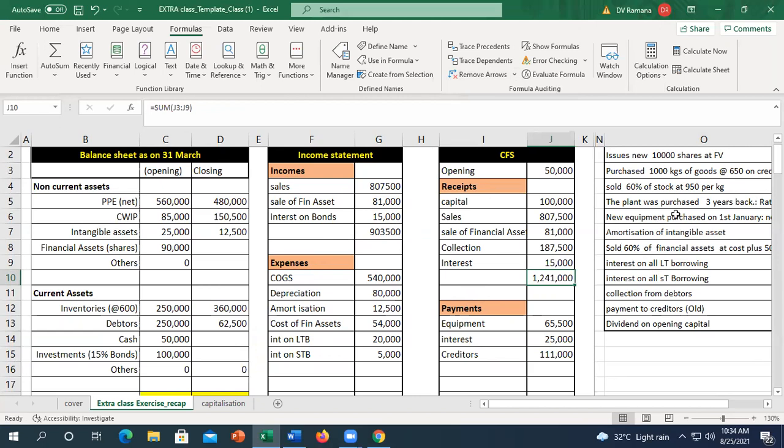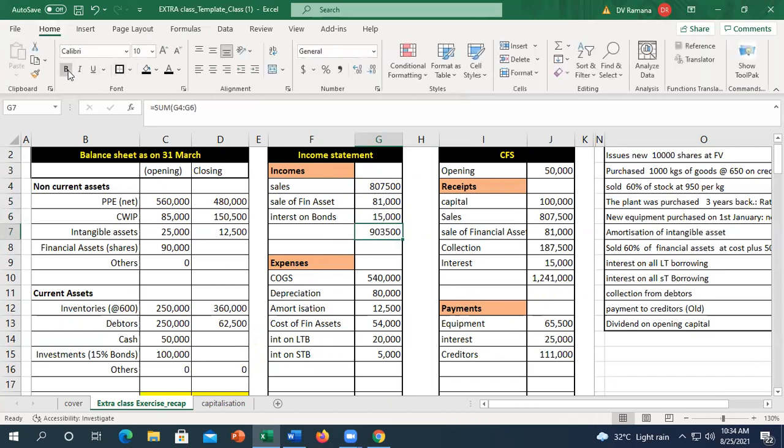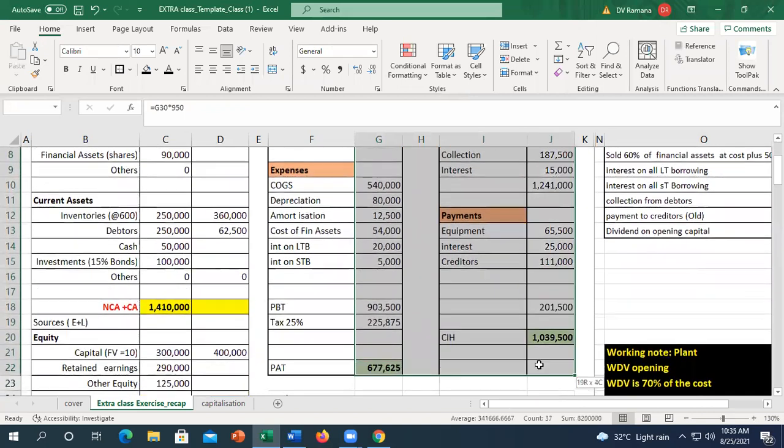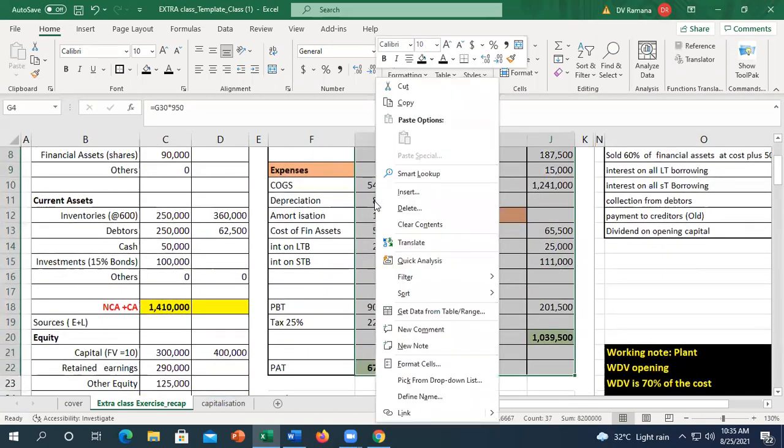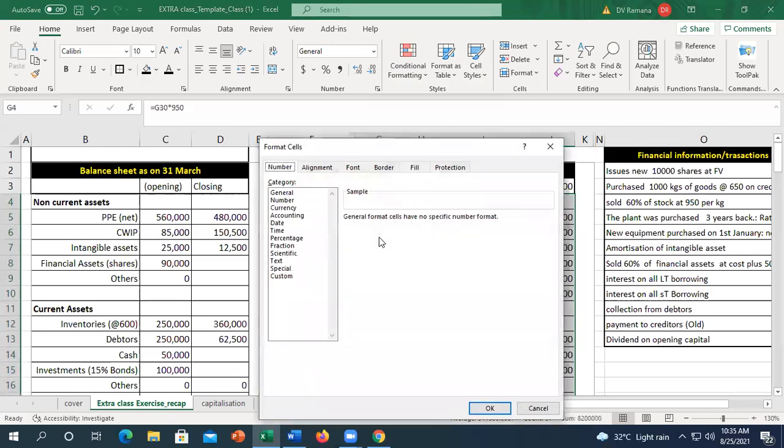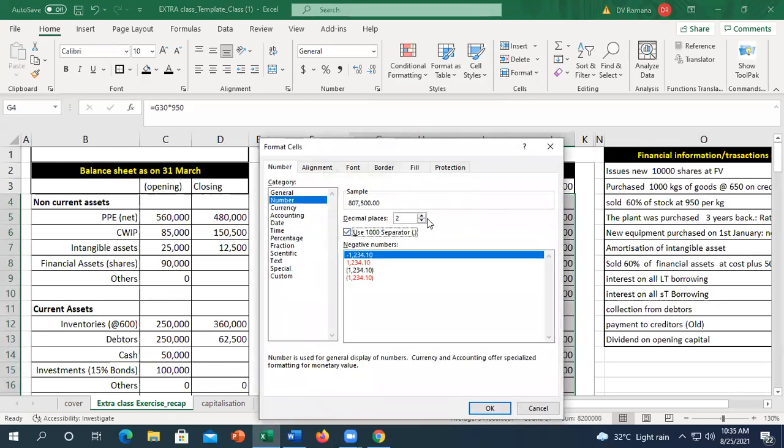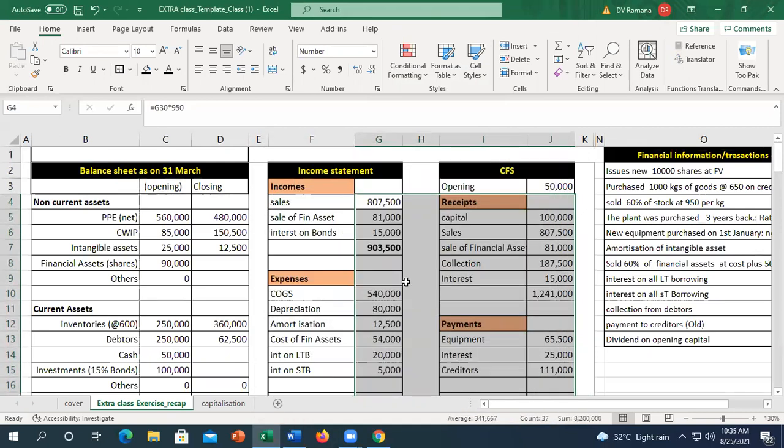Now, because we have taken care of all the items, let us find the total income. The total income is 903,500. Let me put the comma so that it will be easier for us to read the numbers. So 903,500 is the total income.